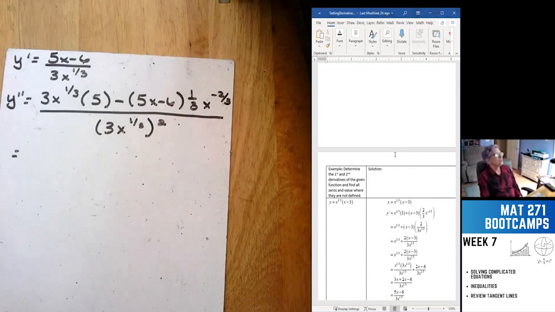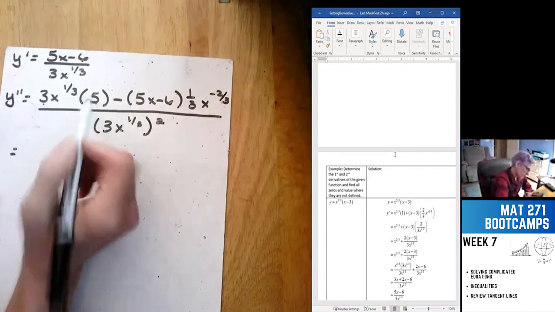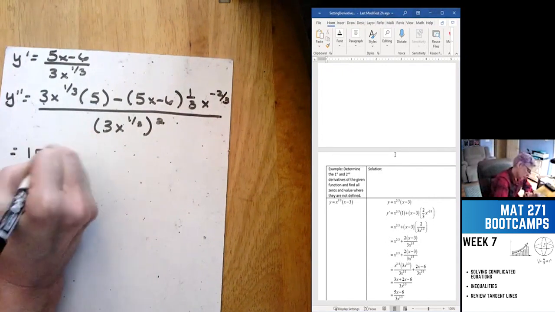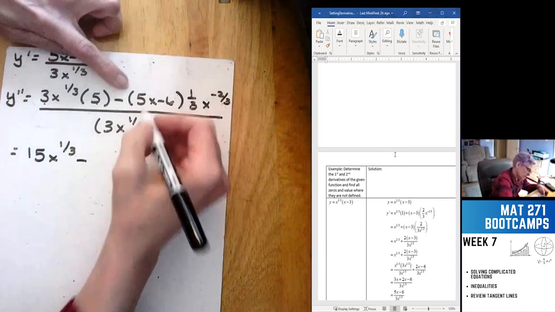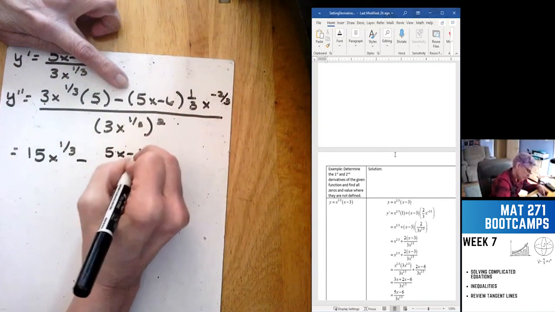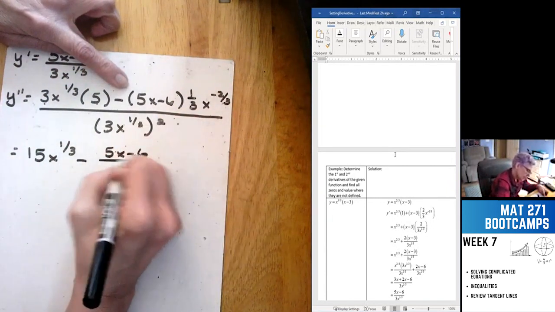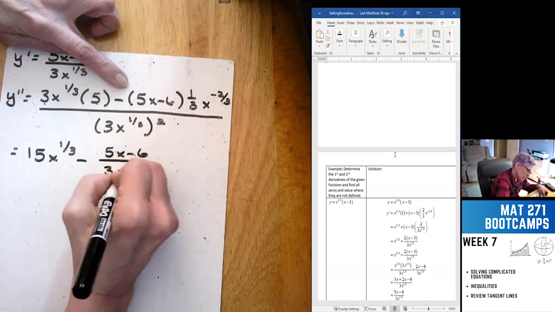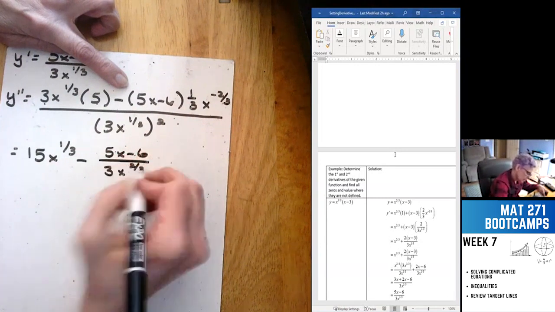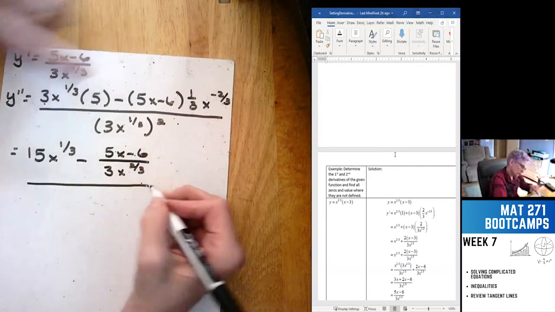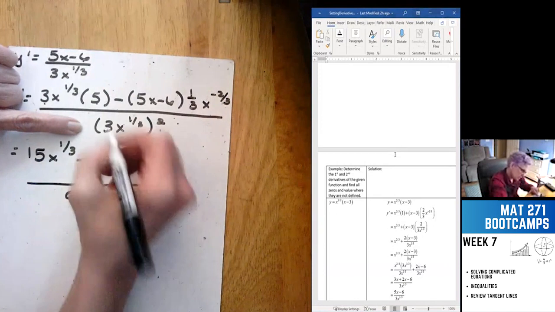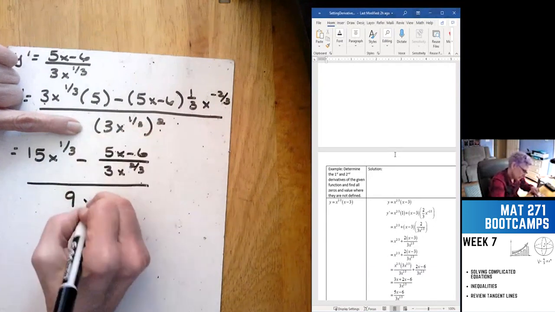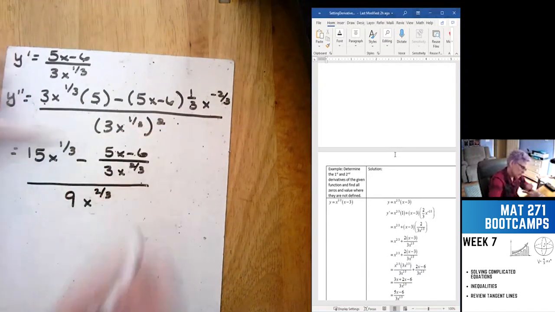Now I'm once again going to simplify stuff. 3 times 5 gives me 15x to the 1/3 minus 5x minus 6 is on the top of the fraction bar, and 3x to the 2/3 is on the bottom of the fraction bar. And down below, I'm going to give that 3 to the 2, or 9, and square it, and then x to the 2/3.